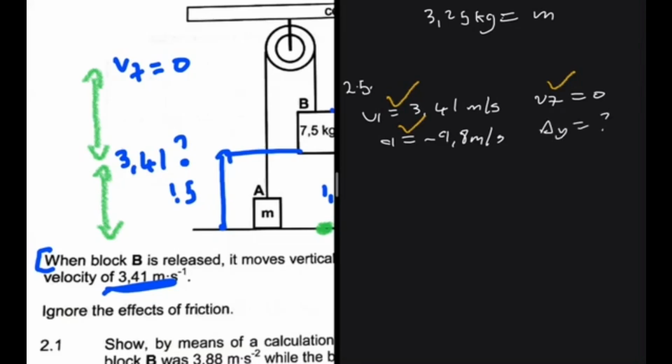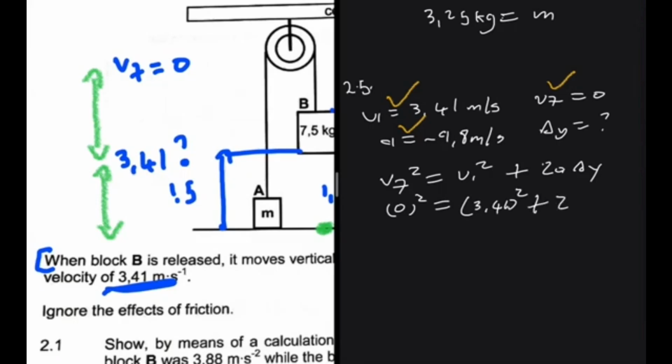Right. So it's easy to see now that we can say VF squared is equal to VI squared plus 2A delta Y. So VF is 0, maximum height. And then VI, if we take up as positive, that is 3.41 squared plus 2 times acceleration, minus 9.8 because we're taking upward as positive, multiplied by delta Y. So we have to take this term to the left hand side. 3.41 squared is equal to 11.6281, right?